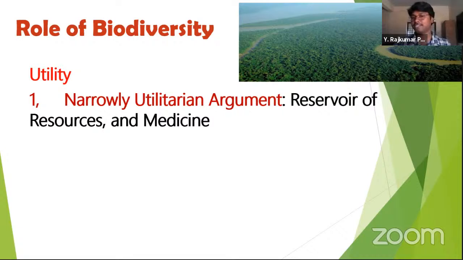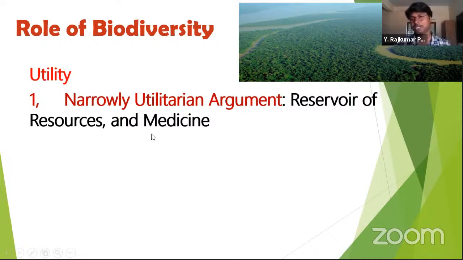So why are the forests important? Because they are the reservoir of many resources and medicines, isn't it? So this is actually a narrow utility. That means there is some more broad utility of the biodiversity, right?